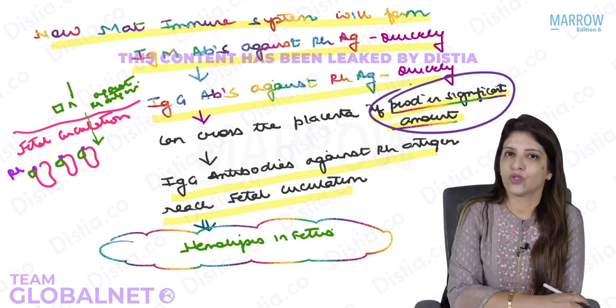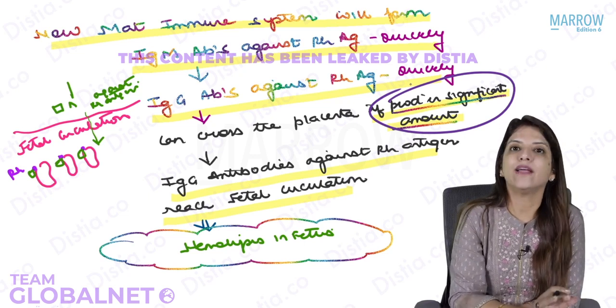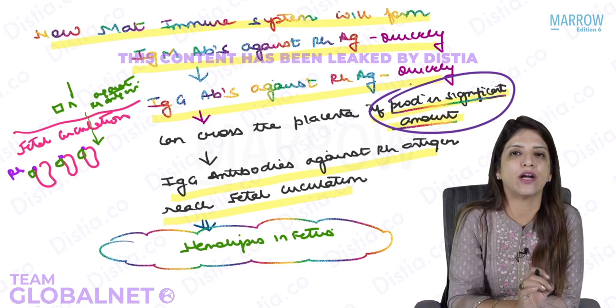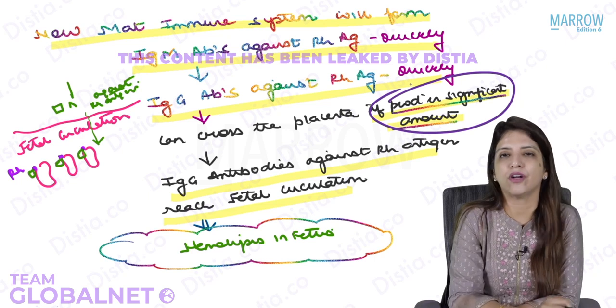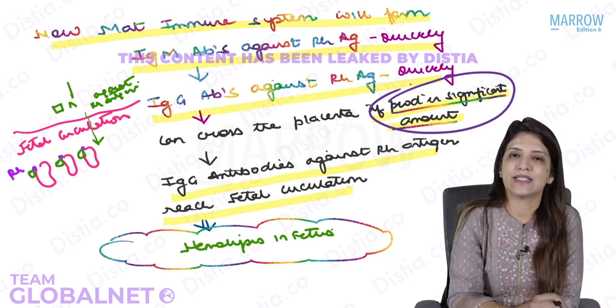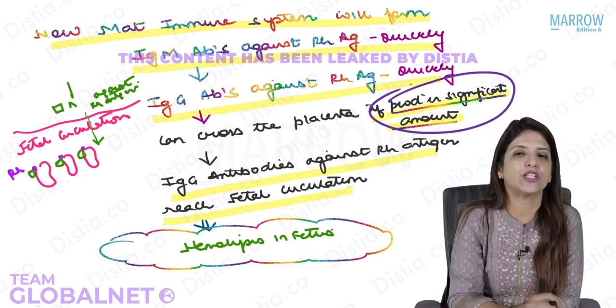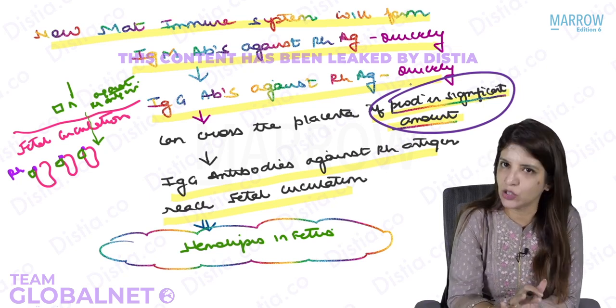So now comes this concept that when I am giving anti-D, I am going to give anti-D in low concentration, 300 microgram of anti-D. And this 300 microgram of anti-D is capable of neutralizing 30 ml of feto-maternal hemorrhage or 15 ml of RBCs. Please don't write this just now. I'm going to make you write all this.